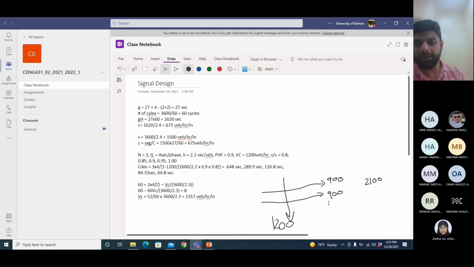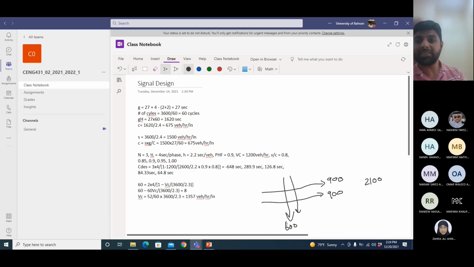If I divide it into 2 lanes, 1200 will be divided by 2, which is 600 in each lane.